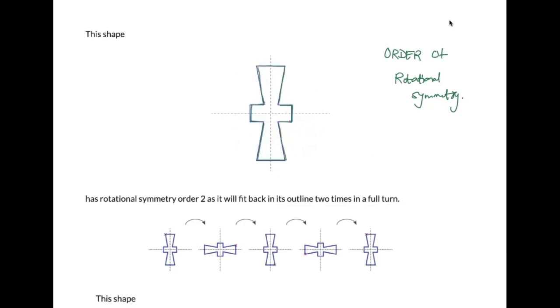So that is one rotation, when you get exactly the same shape. And this is going to happen again when you rotate it 180-degree again. So in 360-degree, how many times do you need to turn this shape? You need to turn this shape 2 times, or the shape can be turned 2 times in 360-degree so that the shape looks identical. So then you are going to say that the order of rotational symmetry for this shape is 2.